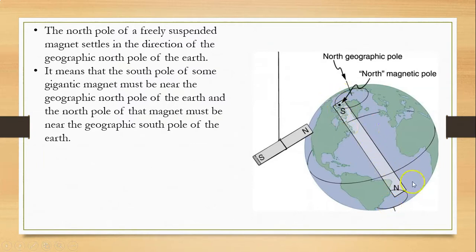But according to magnetism, if there is some giant magnet in the Earth, wherever the geographic North Pole is, the Earth has the south magnetic pole over there, and wherever the geographic south pole is, the Earth has the north magnetic pole in that place. Hence, when we suspend a magnet freely, it rests in north-south direction because the north pole of the suspended magnet gets attracted towards the south of the Earth's magnetic field.